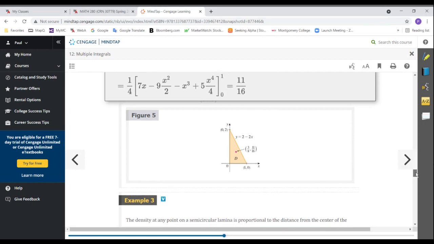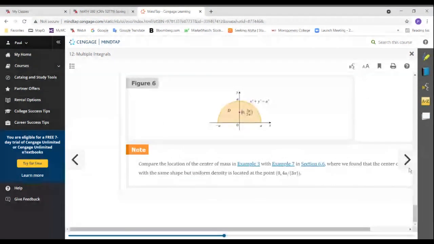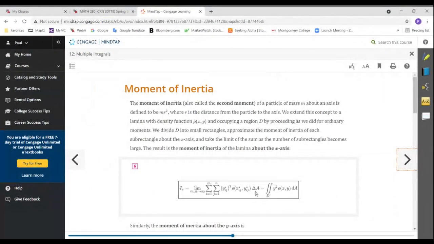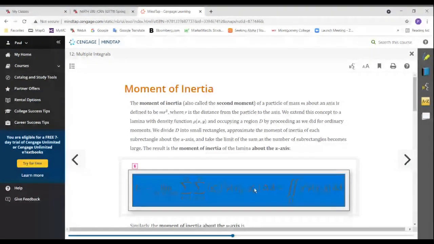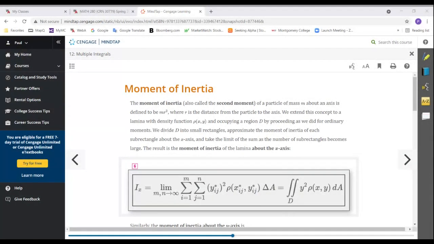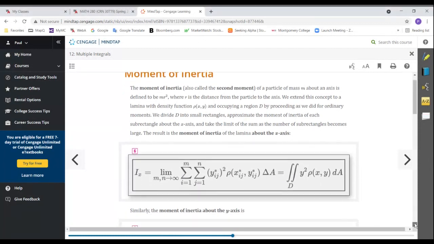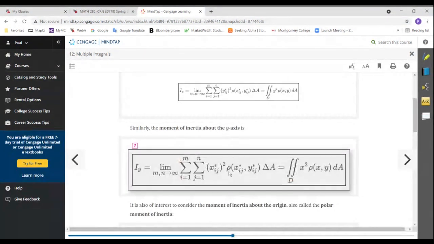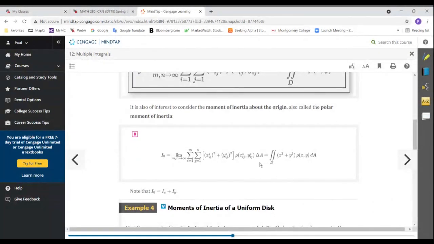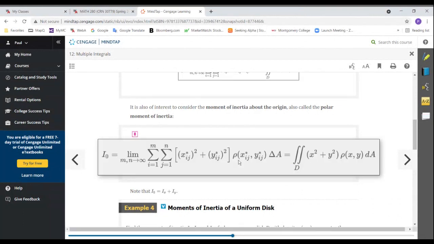But let's just go down a little bit here. So moment of inertia, they have formulas for moment of inertia about the x-axis, moment of inertia about the y-axis, and then, of course, you have a moment of inertia about the origin, called polar moment of inertia.